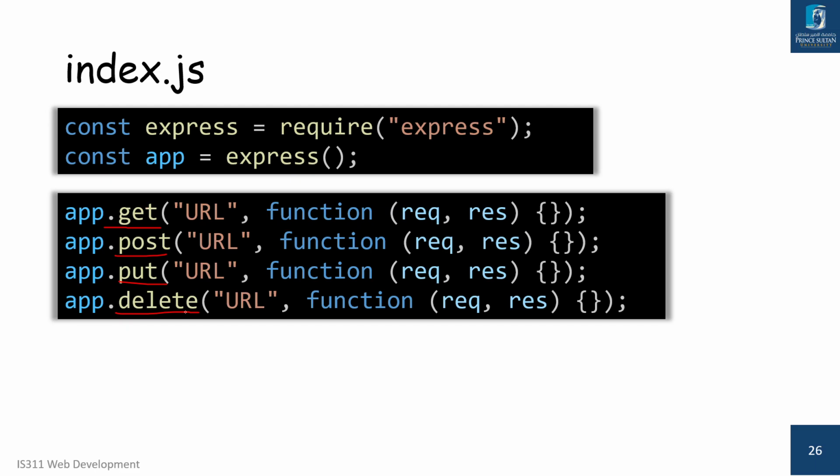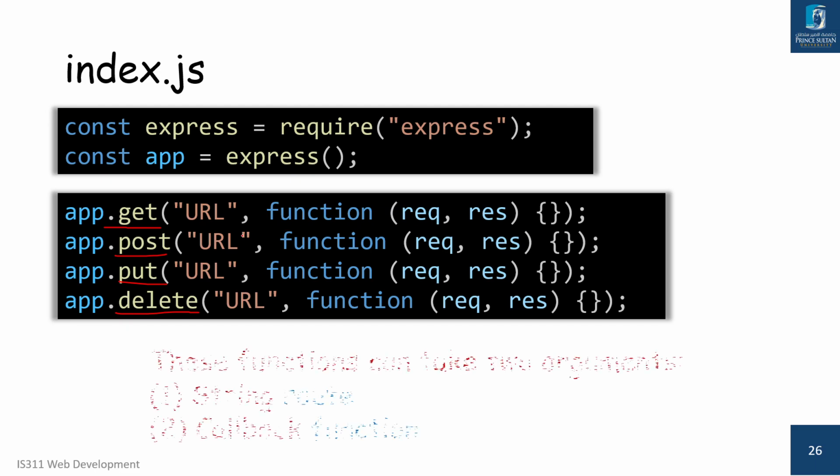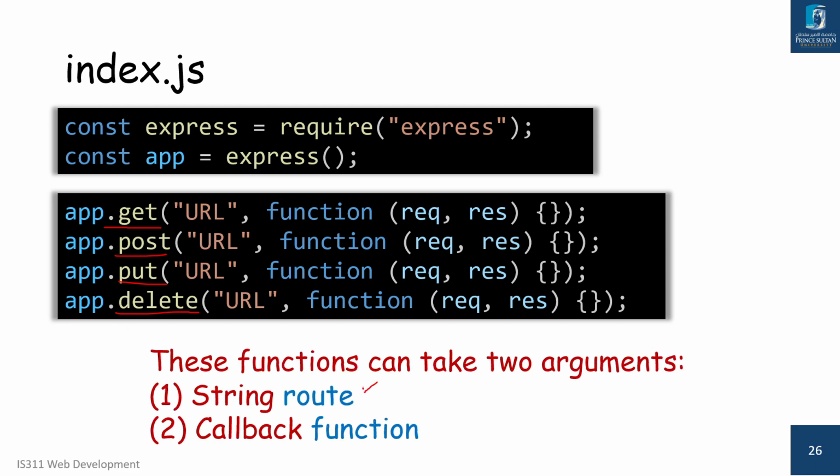All these methods use two main parameters. The first parameter is the route. Route means the URL. Of course, the name of the method decides which type of HTTP request is coming in, whether post, put, or get, and then the URL helps us identify which specific URL that request has been sent to.